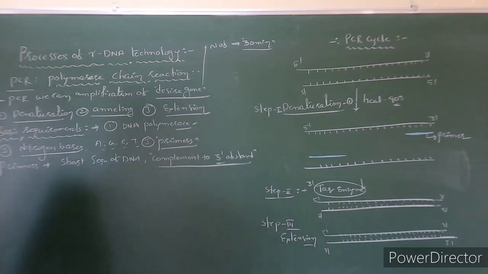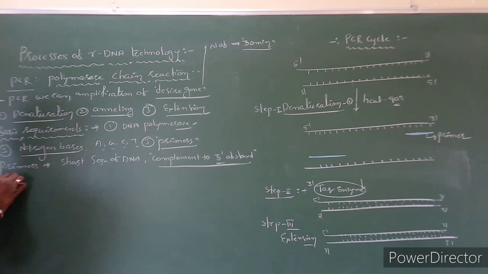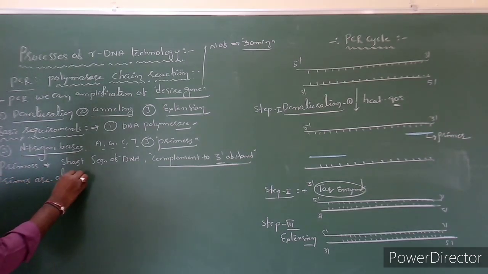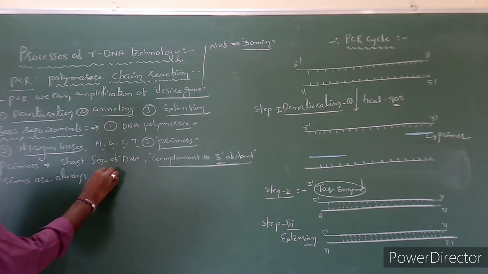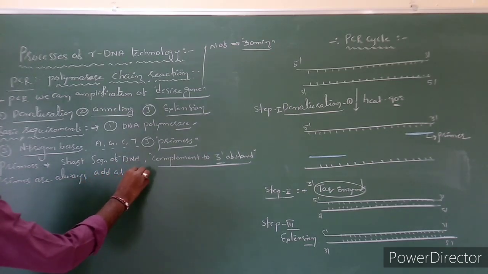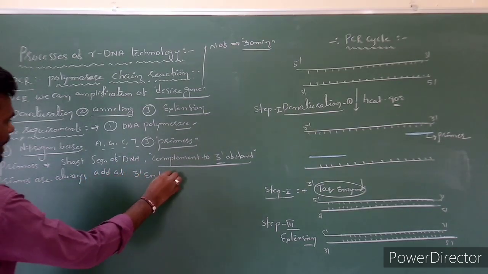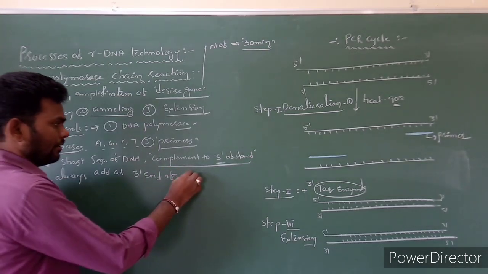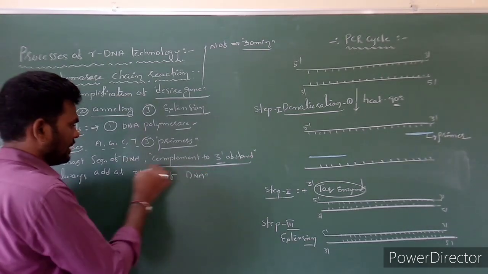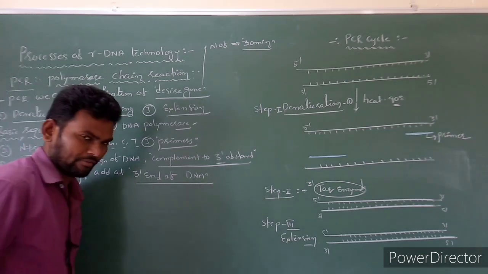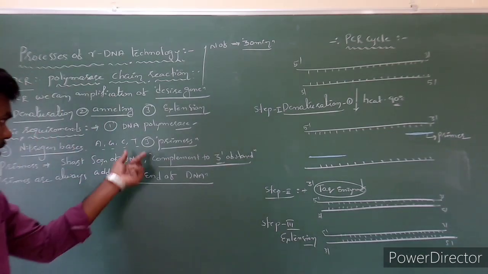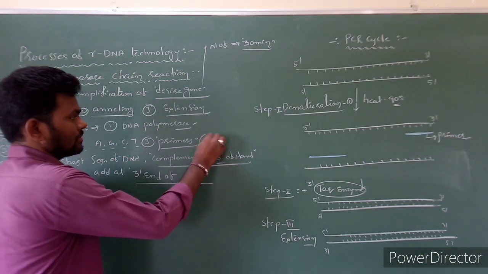So the primers are always added at the 3' end of DNA. Got the point? Here we need two primers.